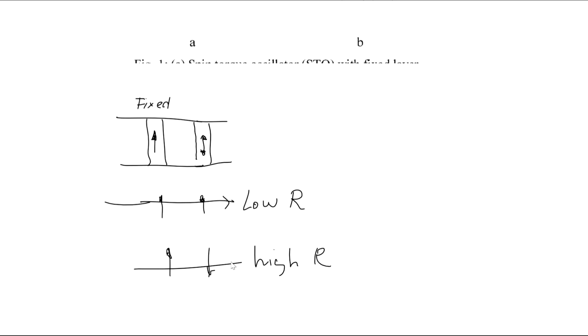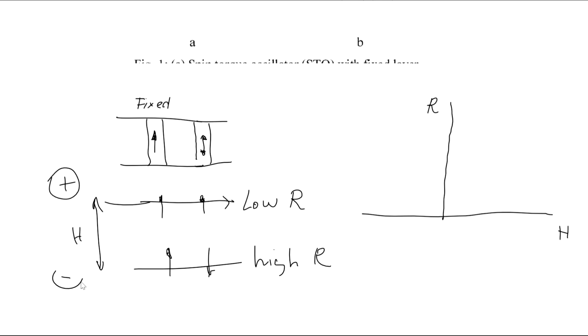Now, how do we rotate this? Well, let's look at resistance as a function of magnetic field, and we will be applying the magnetic field in the vertical direction, so that would be H. When H is very high, pointing in the positive direction, that would be plus, and that would be minus H, this way and that way.